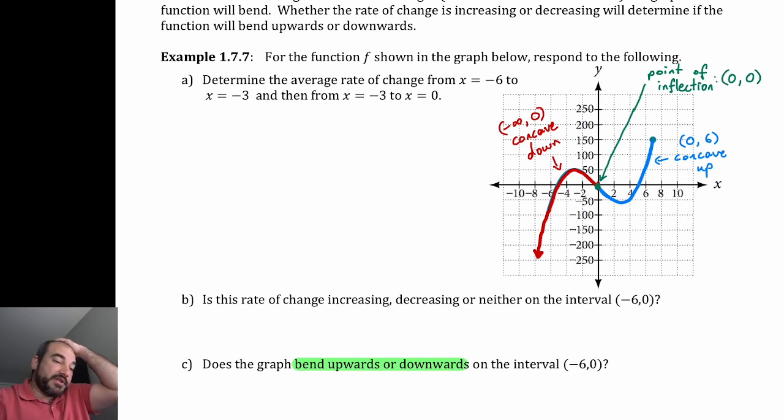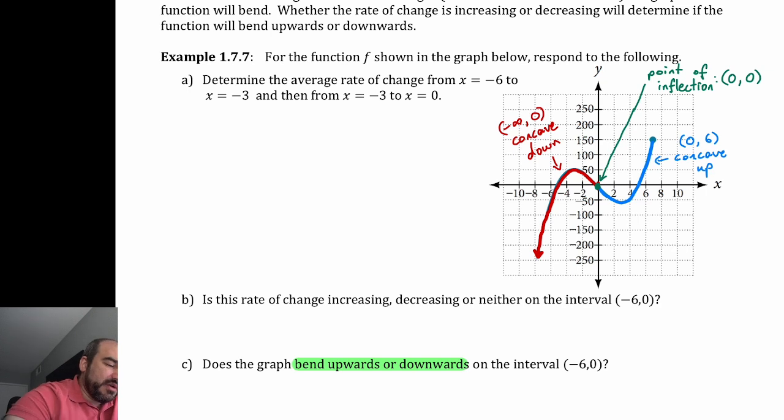But a point of inflection is where the graph changes concavity. So it goes from concave down to concave up, or vice versa. If the graph was concave up first and then it became concave down, that would be a point of inflection as well. So those points of inflection are going to be found halfway between peaks, and that will determine where the graph is concave up and concave down.